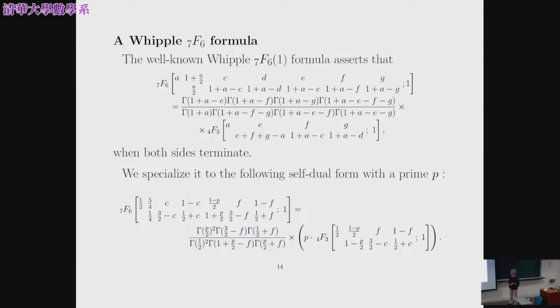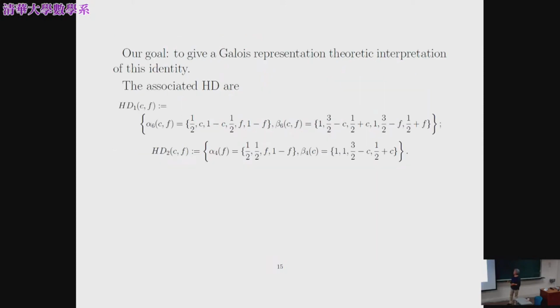And also, when this 5/4 is congruent to 1/4 modulo Z, from the Galois representation point of view, they have no contribution, so we are going to ignore that. After we have noticed this, that means that from the 7F6 part, we drop out 1 column.